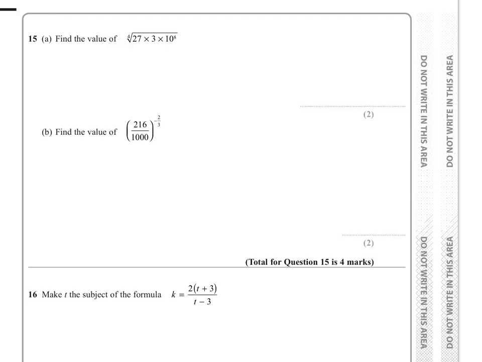Question 15. We've got to find the value of this numerical expression, and we're looking at the 4th root of some number in here, which we can also write as to the power a quarter.